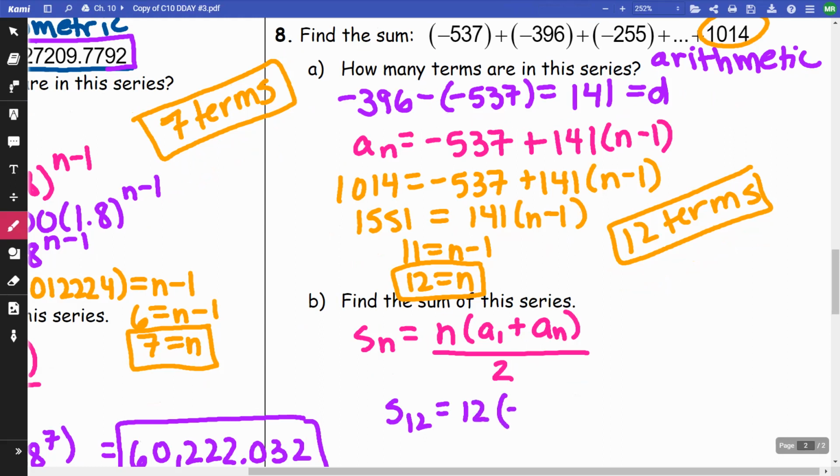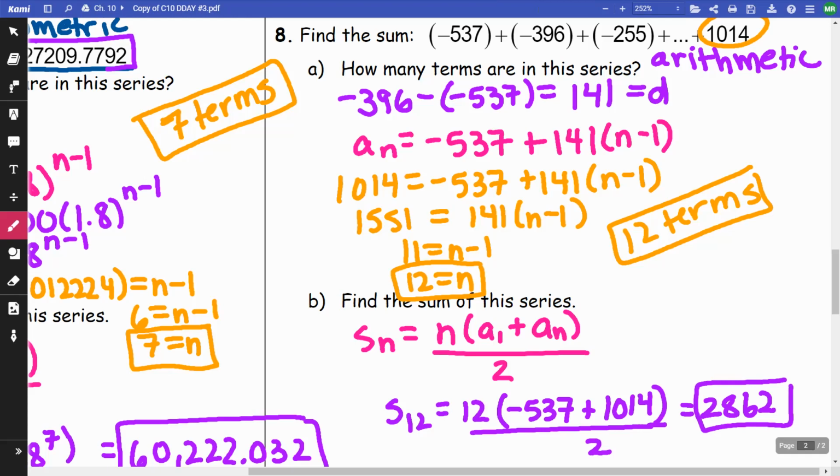My first term is that negative 537 plus my last term is 1,114, all divided by 2. And when I work that out, I ended up with 2,862 as the sum.